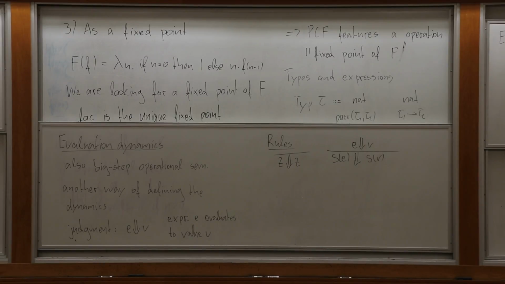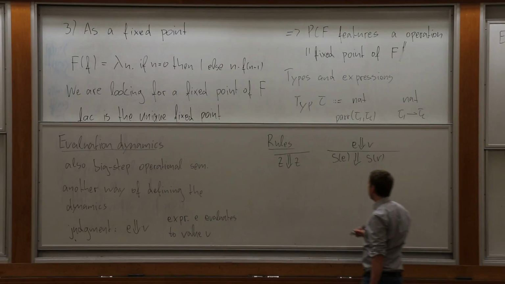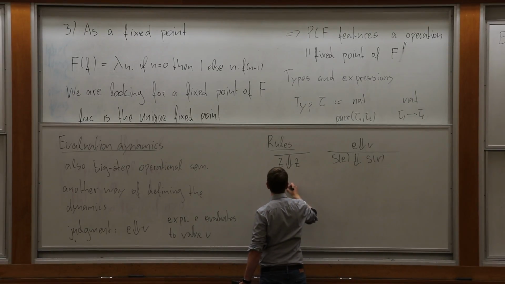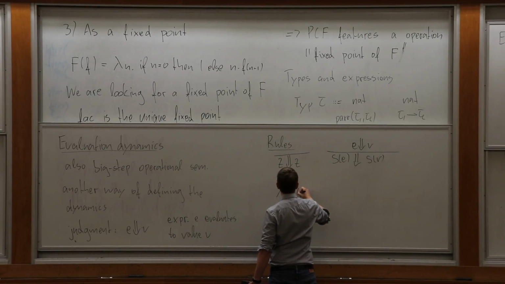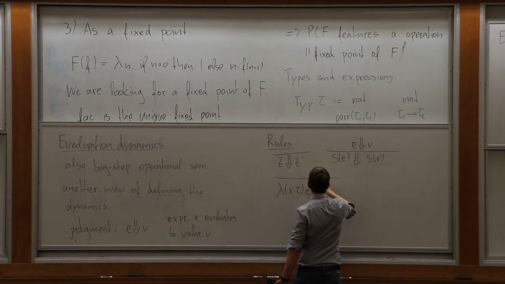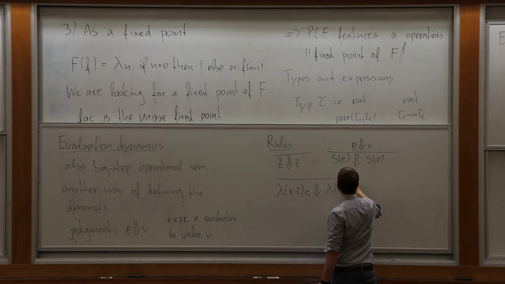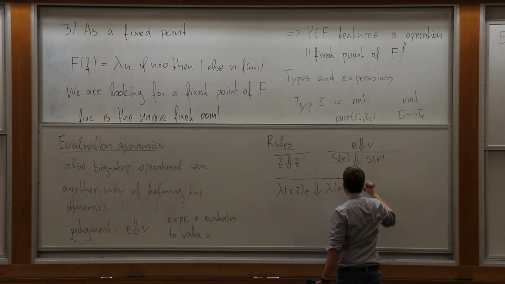Which seems to be nice and simple, only one rule for successor. So the lambda is still a value, so we don't have to do anything. Just return it.